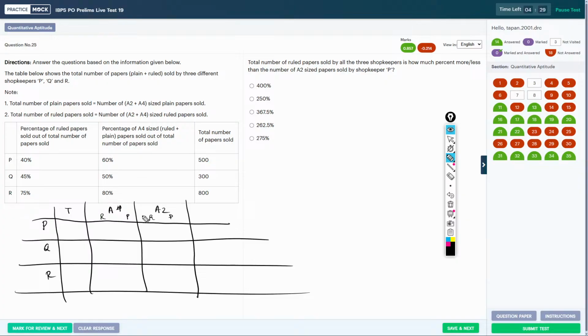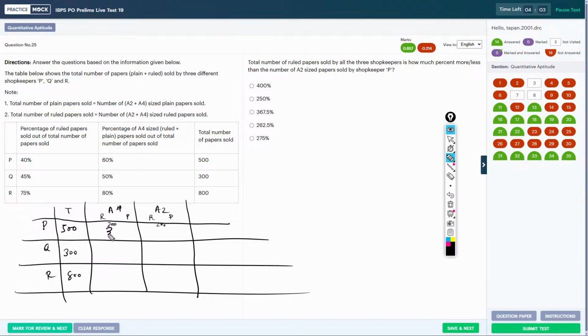Okay, let's do it. So 500, 300, 800. Percentage of A4. Percentage of A4 is going to be 60. So 300 here, 200 here. Now ruled, total.